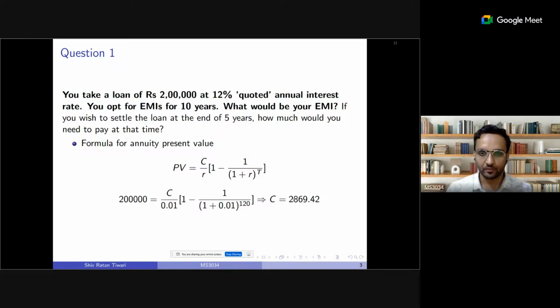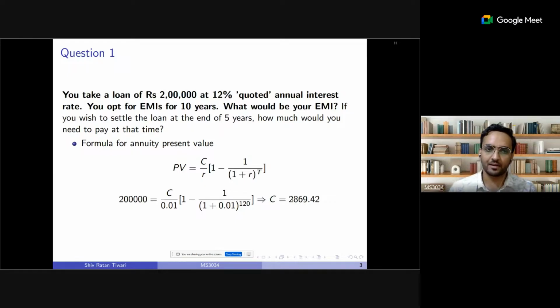Okay. This type of concept can be used to compare, because nowadays a lot of products are offered on EMI, so you can use this calculation to compare whether this offer of EMI is worth taking or not.